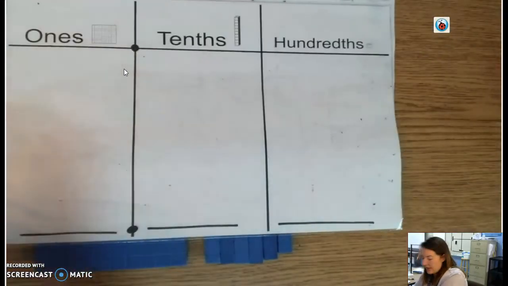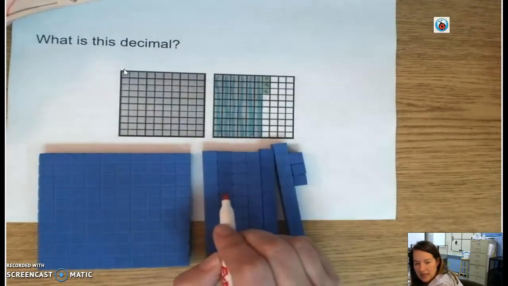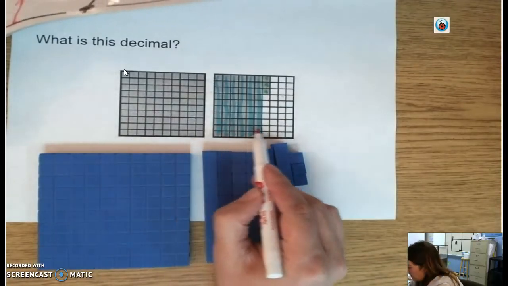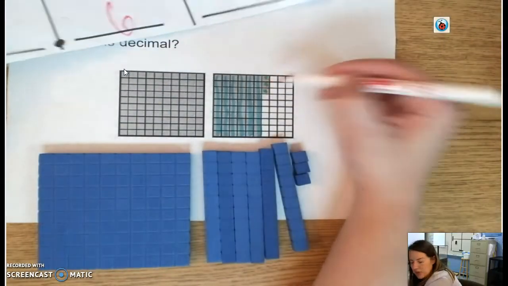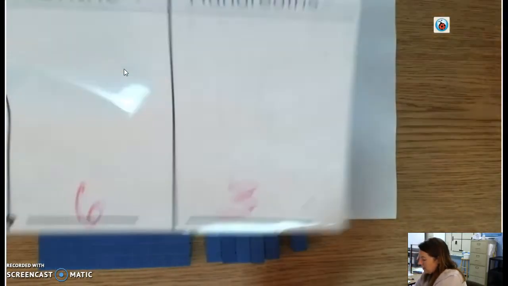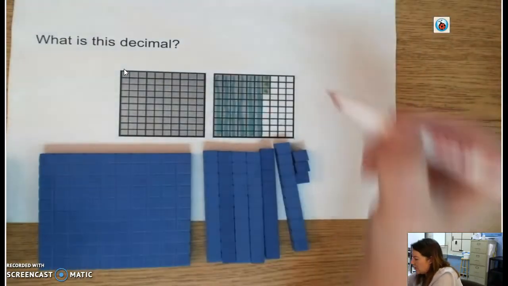How many ones did I have? That was one complete whole. How many tenths? 1, 2, 3, 4, 5, 6/10. And how many hundredths? 1, 2, 3. So I have 1 and 63/100ths.